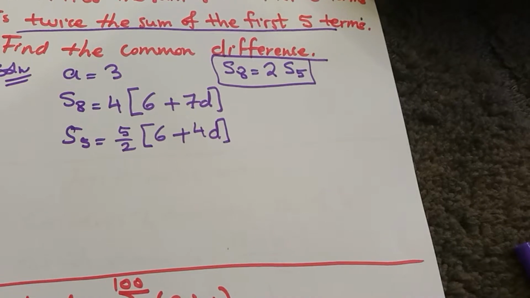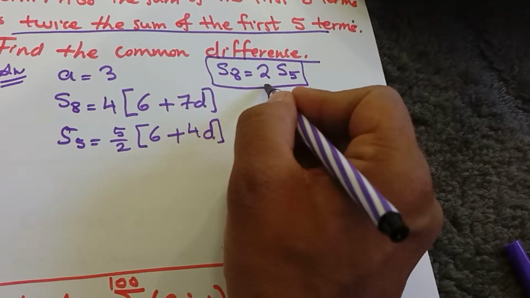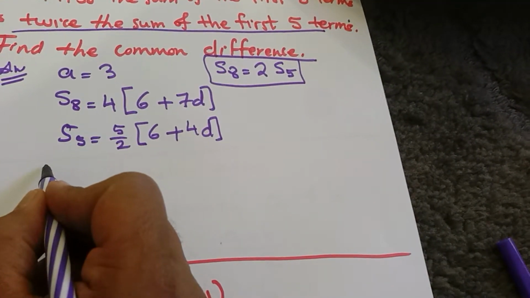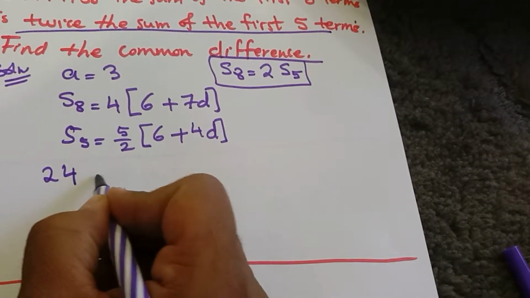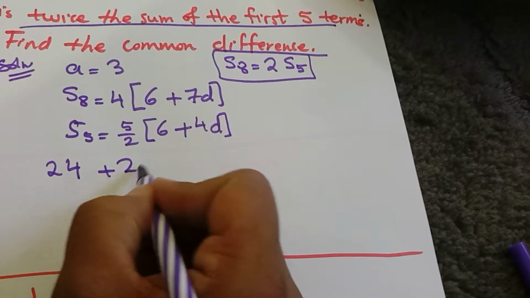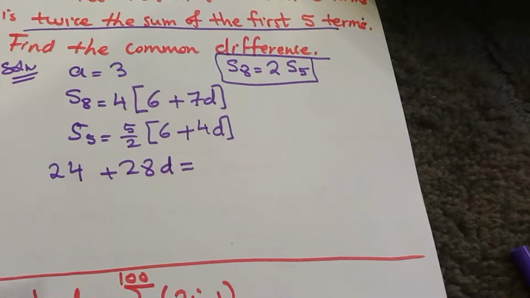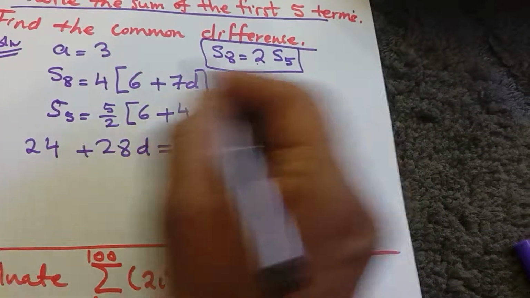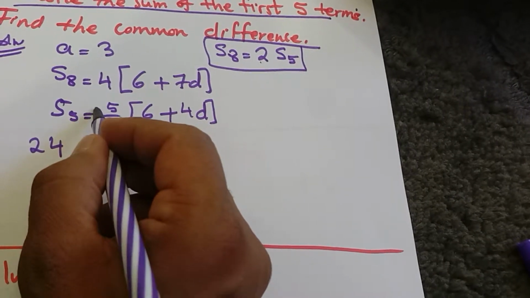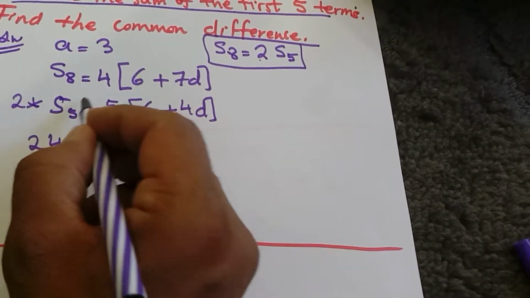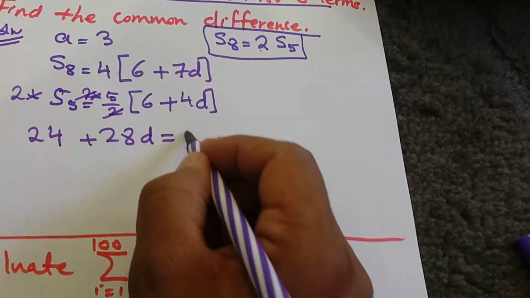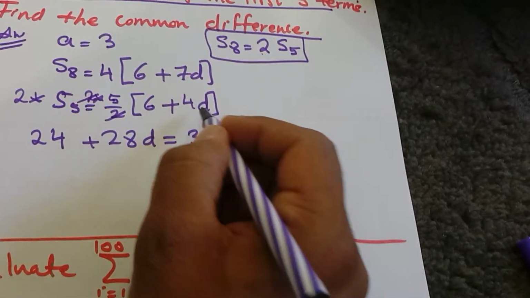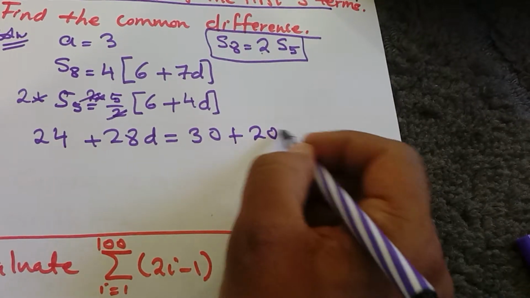Now from this equation, S8 is 24 plus 4 times 7, 28d, equals 2 times S5. If I multiply here 2 and here 2, I'll cancel these 2s, so I'll get 5 times 6, which is 30, and 5 times 4, which is 20d.